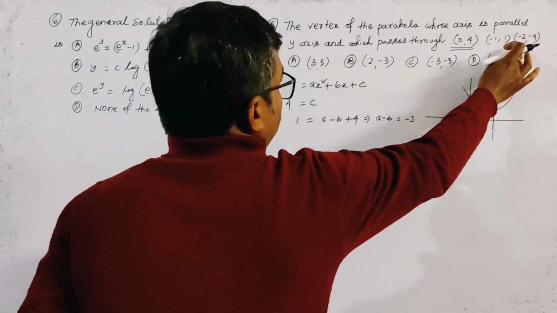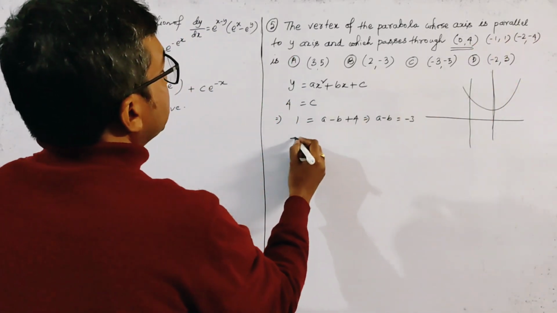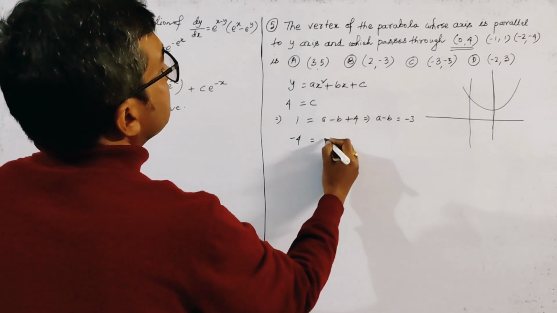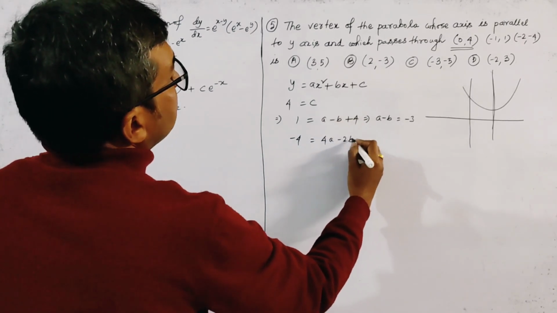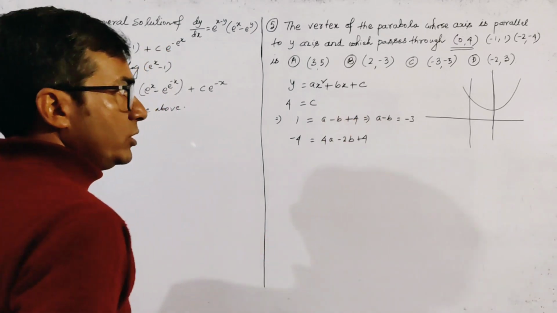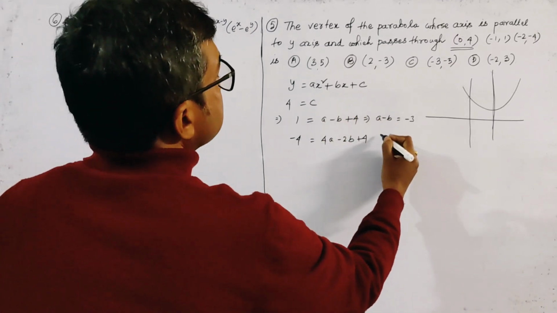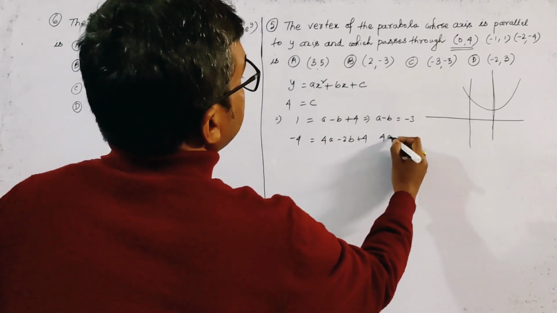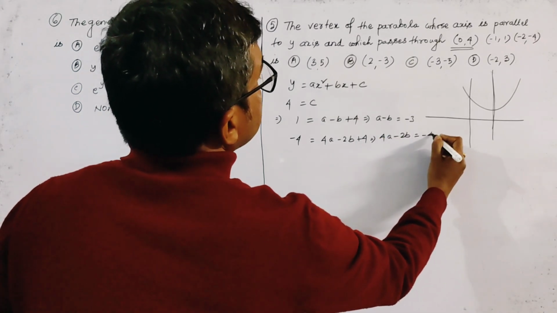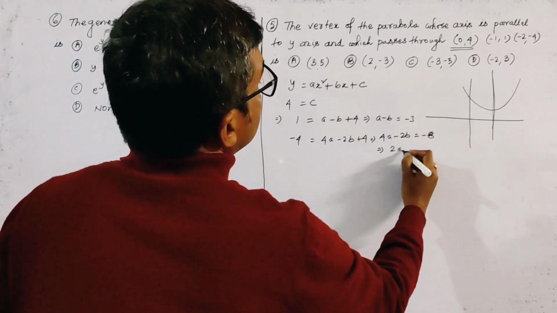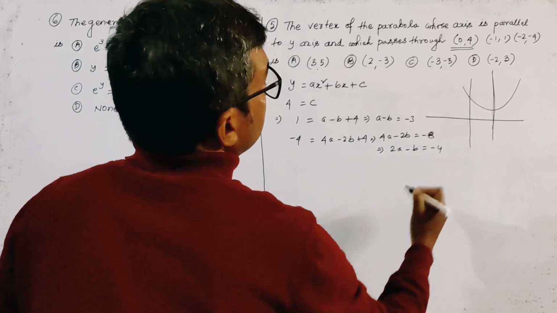And by putting the last point, we get minus 4 equals 4a minus 2b plus 4, and this gives 4a minus 2b equals minus 8, so 2a minus b equals minus 4.